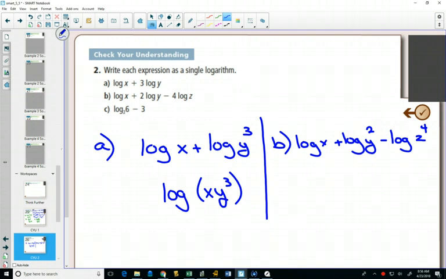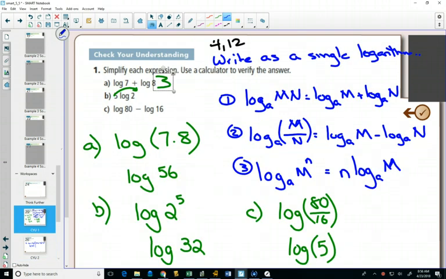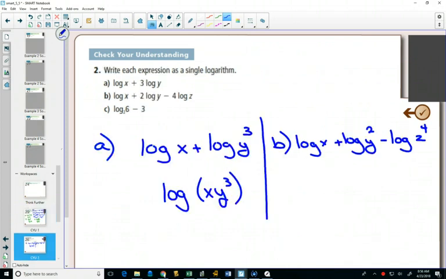And in fact, when you have both formula 1 and formula 2, the product rule and the quotient rule, we can actually do them together. And so when I have this situation, I'm going to go right to my final answer.